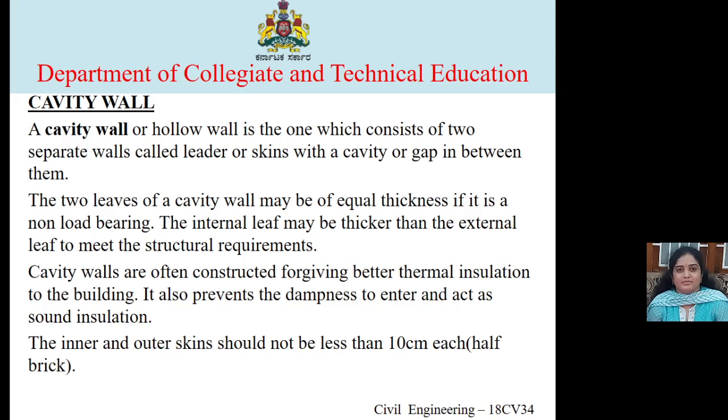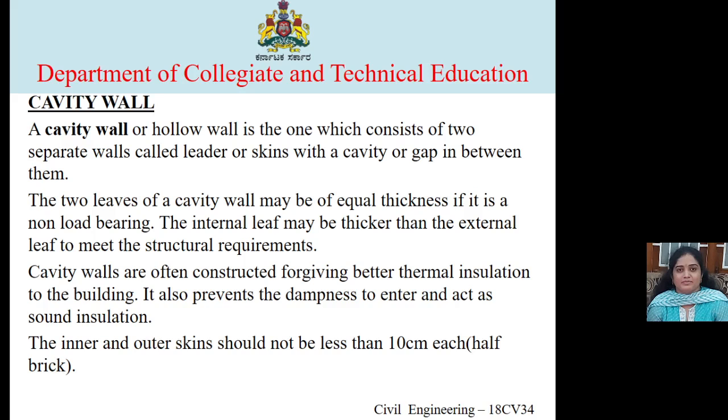So both thermal and sound insulation. It will avoid the passing of dampness from outside to the inside. It will act as a soundproof. It will give thermal insulation because it will not transfer the heat from outside to inside, and it also prevents dampness from entering the building.